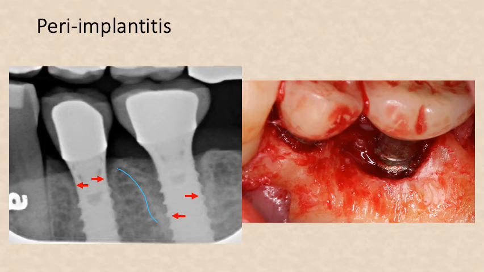Now, this is a case, not very common, where the implant unfortunately was placed inadequately. This is a Straumann S, which is standard. It has a polished collar, which is not meant to be in the bone. This implant system is meant to protrude all the way to the gingival level.